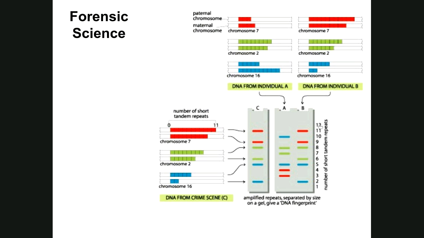And again, they already know from the crime scene how many times the repeats occur on each pair of chromosomes, and each repeat corresponds to a certain size fragment. So if the repeats happen up to 11 times, in this case, it's going to result in a large piece of DNA. But if for any of these repeats they only happen a couple of times, that lets the scientist know, hey, I'm going to end up with a small piece, and then they just do a comparison to match up.